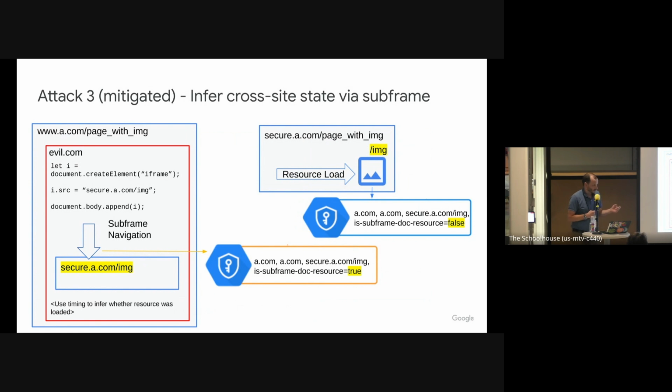And then in an unmitigated circumstance, it could use timing. But this is actually the case that the is subframe document resource Boolean that we have mitigates. So in this case, that initial navigation, the resource load, would have the is subframe document resource bit as false. And in the second navigation, it would be set to true, and those would not share a cache partition, and the timing information would not reveal any information.